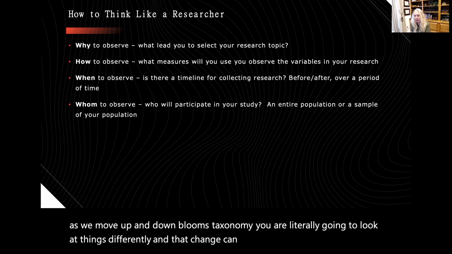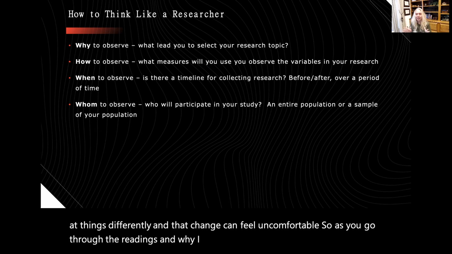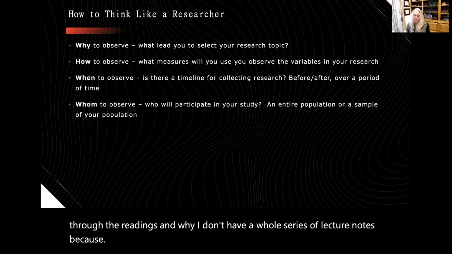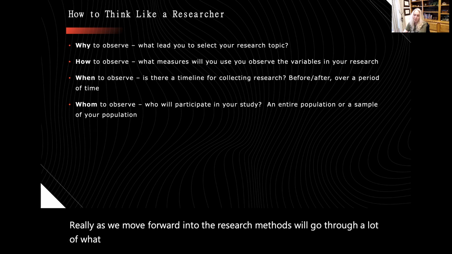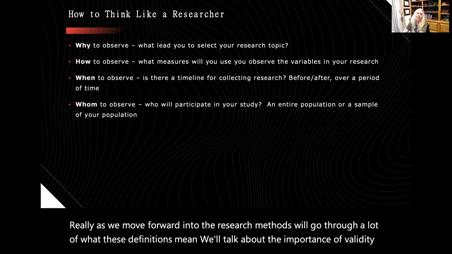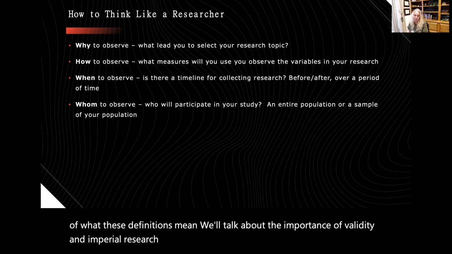So as you go through the readings, and this is why I don't have a whole series of lecture notes, as we move forward into the research methods, we'll go through a lot of what these definitions mean. We'll talk about the importance of validity and empirical research and experimental research, and we'll get all of the terms.